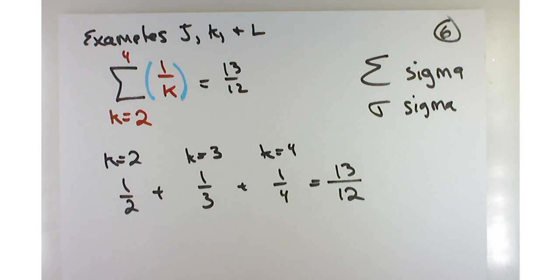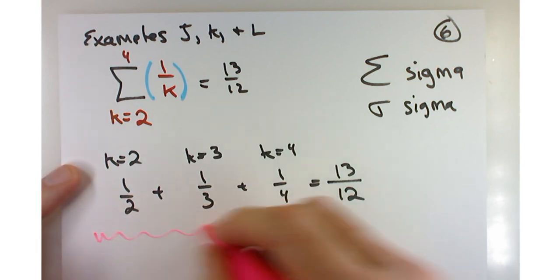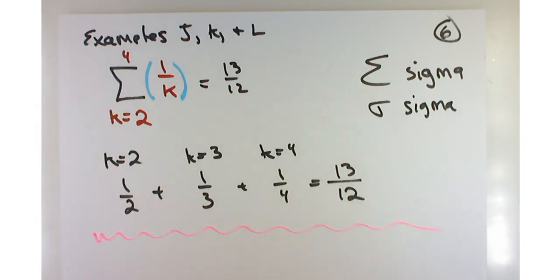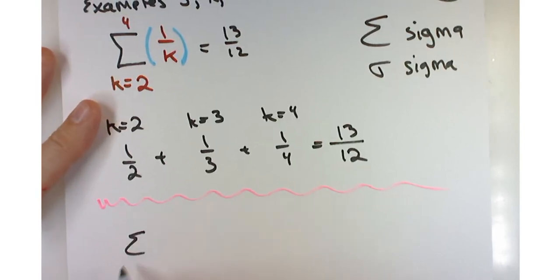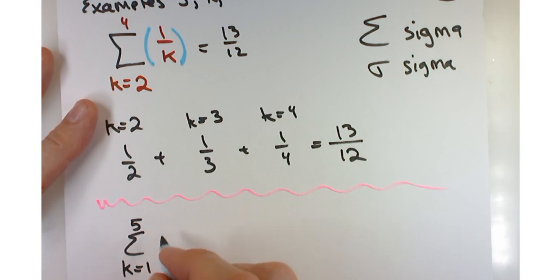All right, let's try another one like this. Again, we're going to expand a sum. So the next one here is the sum from k equals 1 to 5 of 2 to the k minus 1.